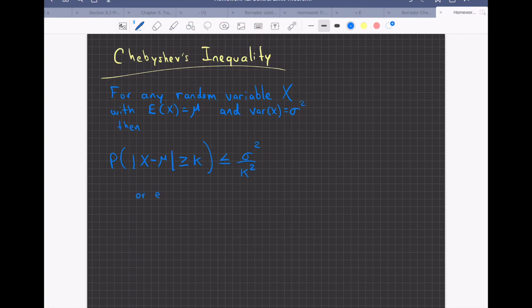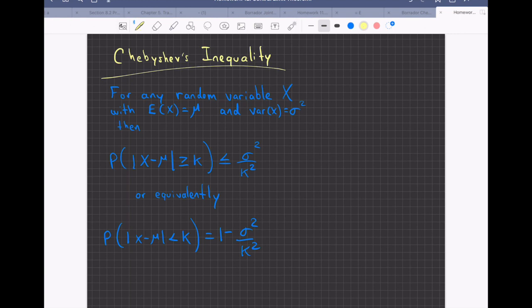Or equivalently, the probability that x minus mu is less than k is 1 minus sigma squared divided by k squared. The two statements for the two inequalities for this probability, they are true.